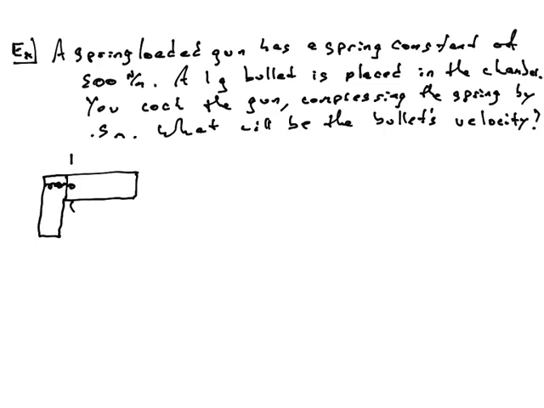Let's say this is a really big gun because it's cocked by 0.5 meters. That's a real big spring. So you compress the spring and the bullet's sitting in there, waiting to be released. You pull the trigger, that shoots the bullet out, and you want to know how fast will it be moving when it gets shot. So the initial state, of course, the bullet's sitting in there, the spring is loaded. Final state, the bullet has left the gun.